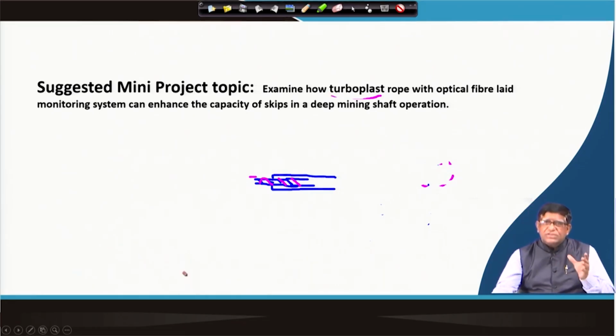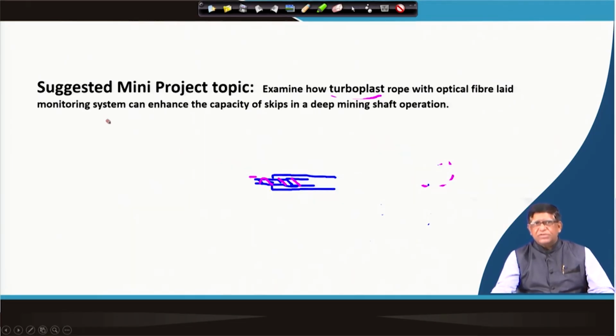Such systems are not there in our mines yet. I hope some of you can do a mini project and see how our existing winding systems in India can be modernized in future. There are already different types of monitoring systems, which we have not discussed in our course.